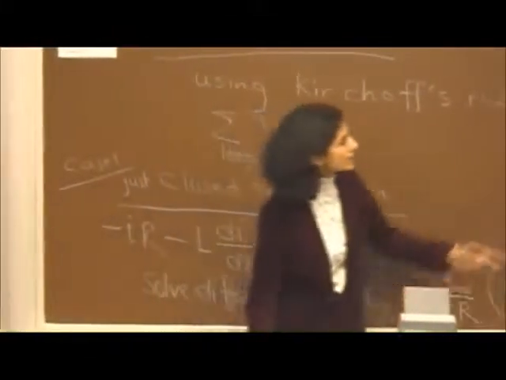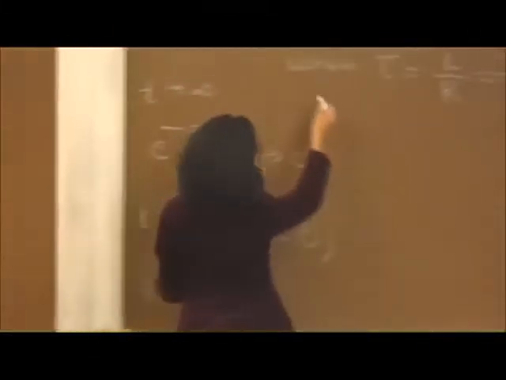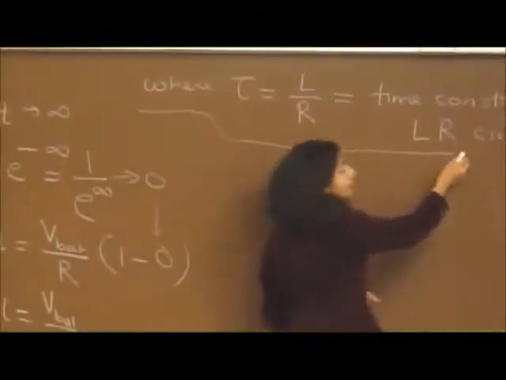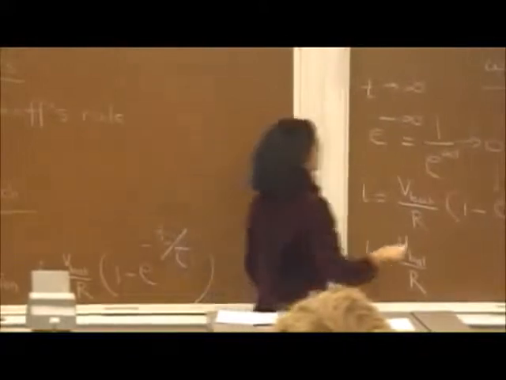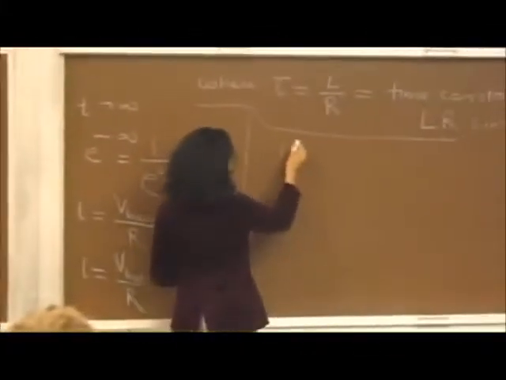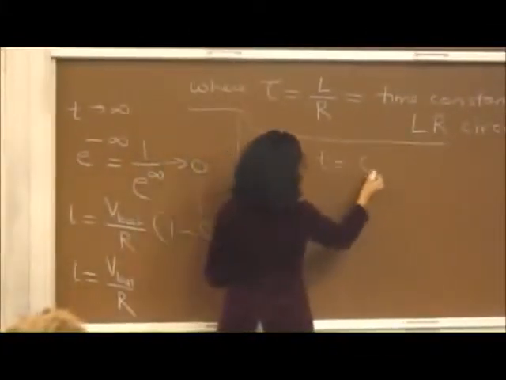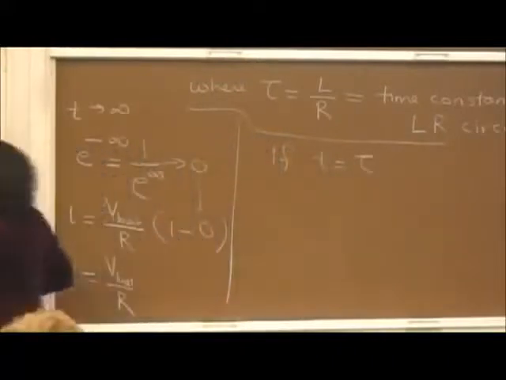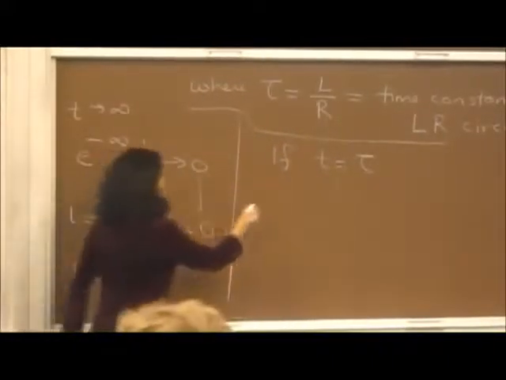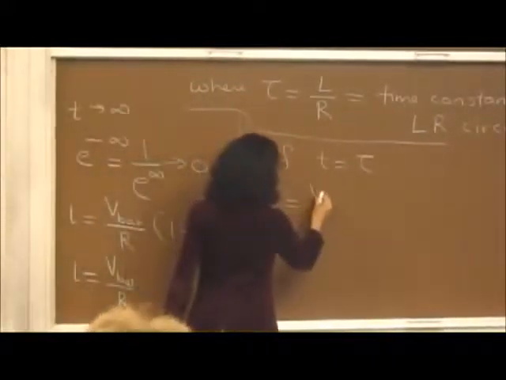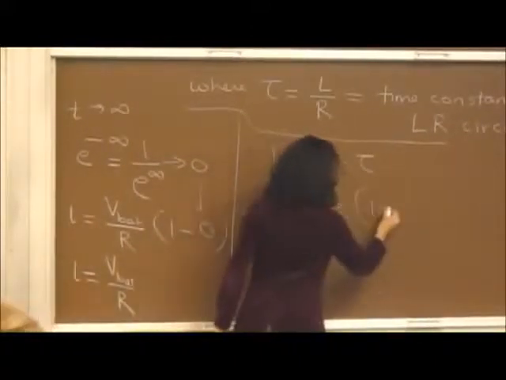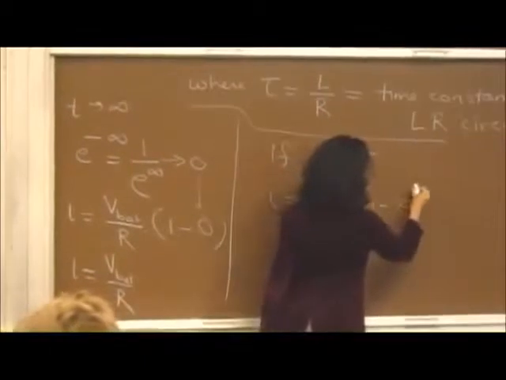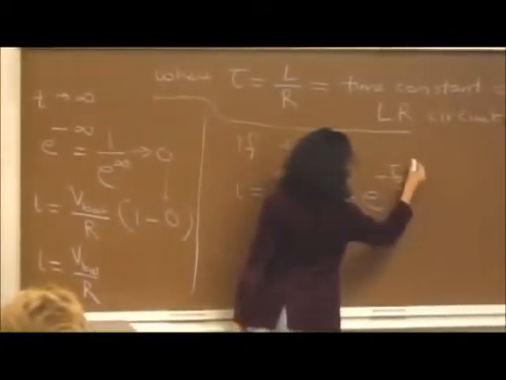So what would this time constant be? If t became equal to tau, then what would be the current at that time? I will be equal to V battery divided by R times (1 minus e to the power minus tau over tau).